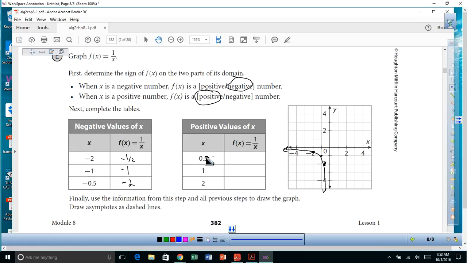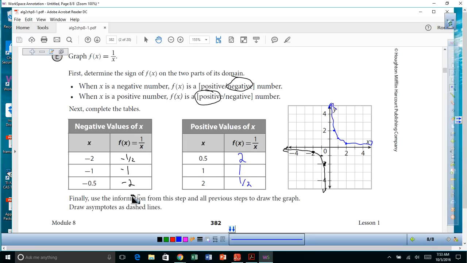All right, if x is 1/2, then that means y would be 2. If x is 1, then y would be 1. And if x is 2, that means y would be 1/2, putting the 2 in for the x. So we got 1/2, 2. We have 1, 1. And we have 2, 1/2. And that's going to look like this right here.